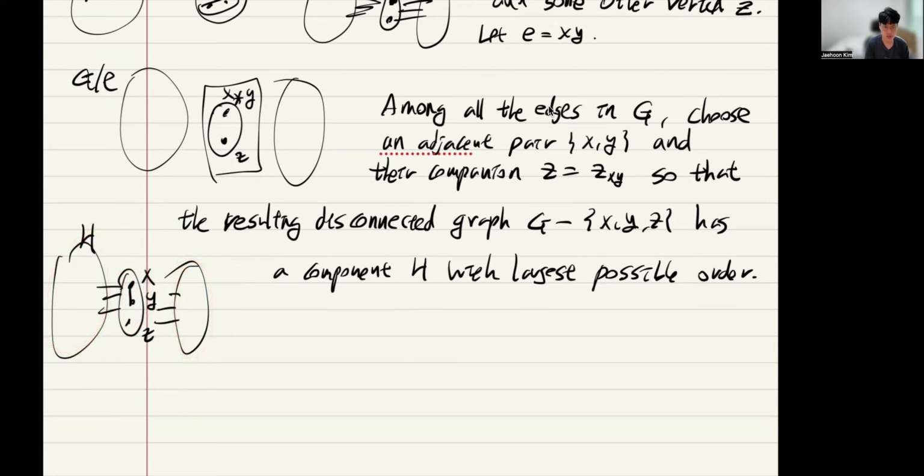You choose the biggest component, and you do this for all edges. And for each x, y, you have a specific size of H. And out of all choices, you choose the x, y so that this is the biggest.